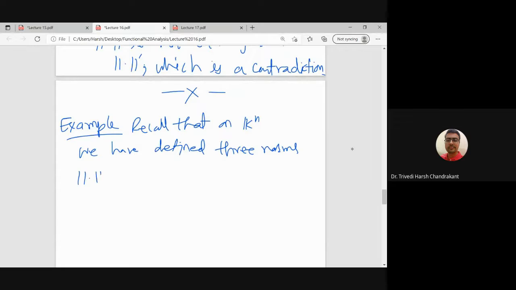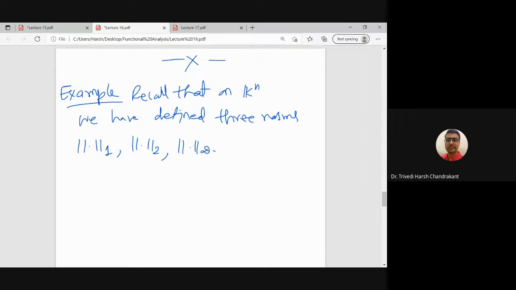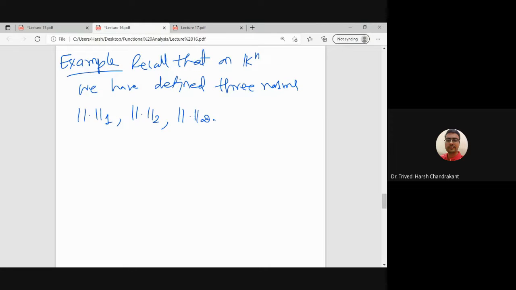The first norm, second norm, and infinity norm. So which of these norms is stronger than the other?